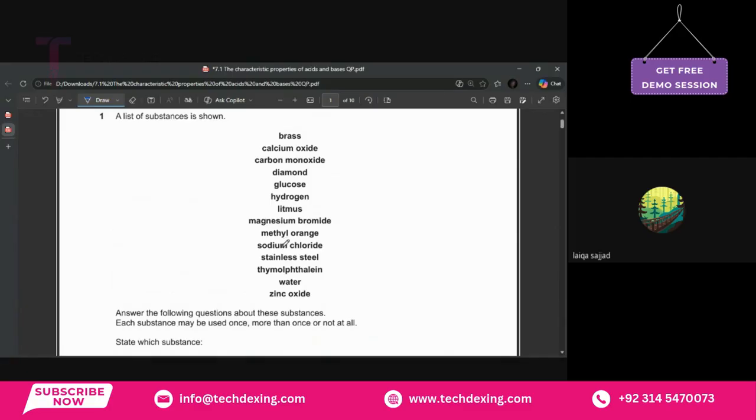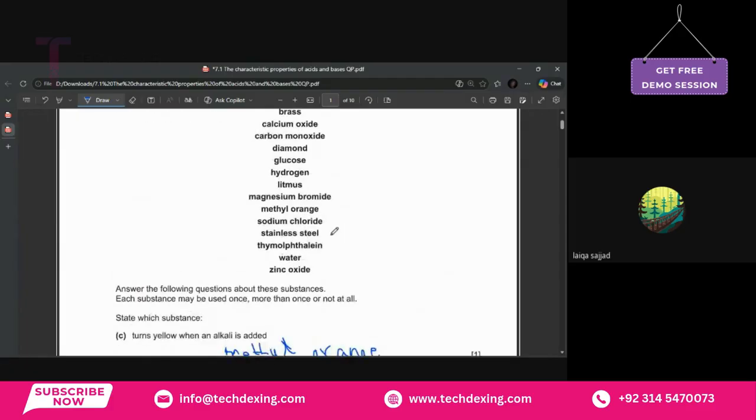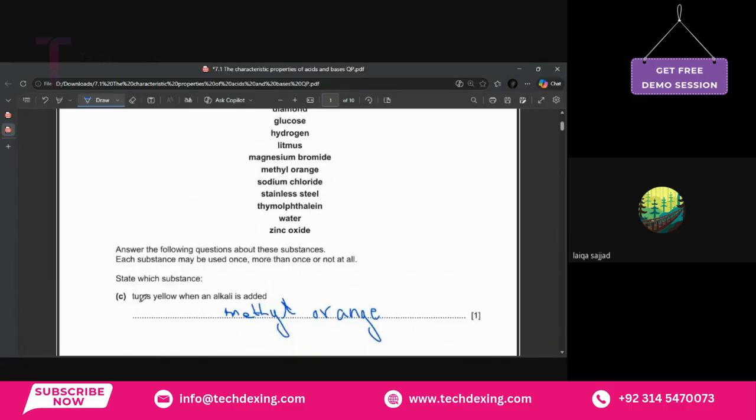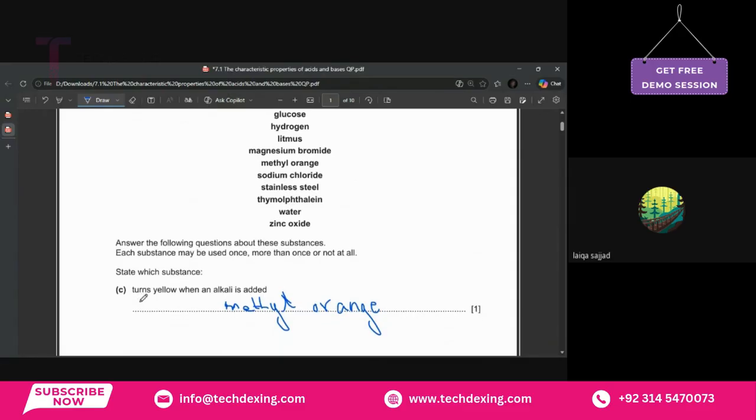Then we are given water, glucose, and sodium chloride. These are all neutral substances and they do not change color themselves upon the addition of an alkali. So the substance for identifying the change of color must be an indicator. So that's why it's methyl orange.